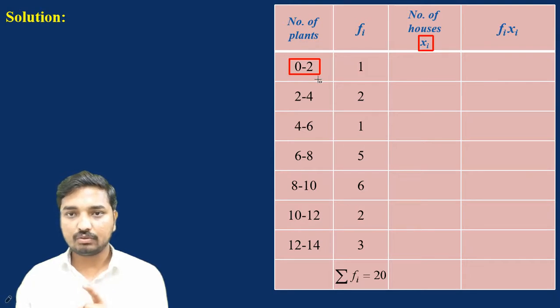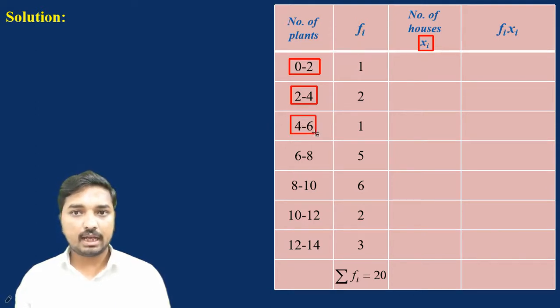So the class mark of 0 to 2 is 1. In the same way, the class mark of 2 to 4 is 2 plus 4, which is 6, divided by 2, which is 3. Similarly, 4 plus 6 is 10, divided by 2 is 5.